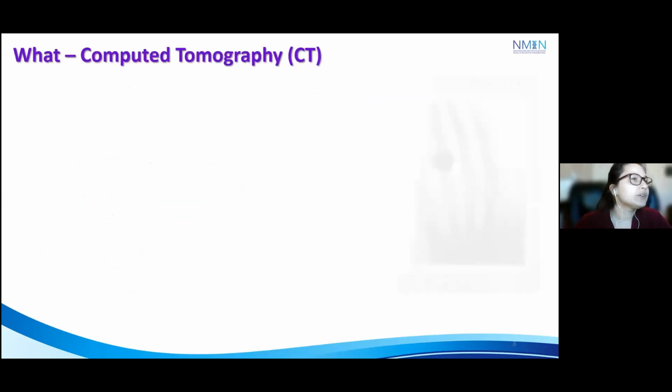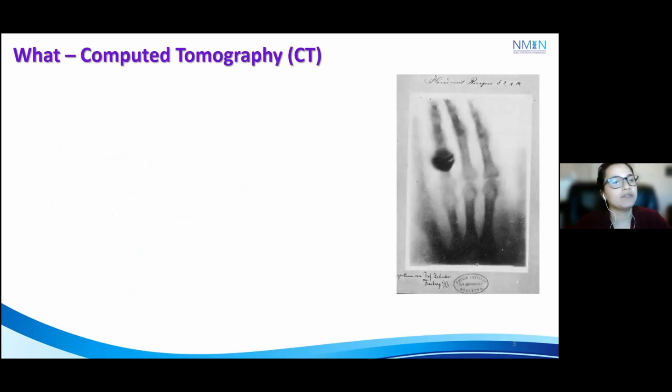So, computed tomography is a very commonly used imaging technique in clinical applications. This is a very famous picture that everybody knows. Computed tomography is based on X-ray attenuation coefficients through the body, and different materials give different attenuations depending on the density of the materials.